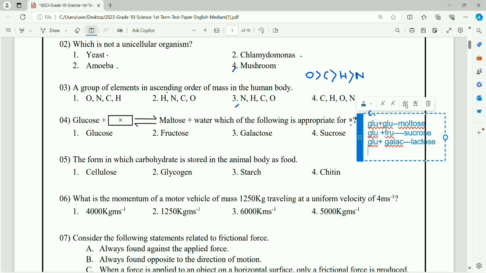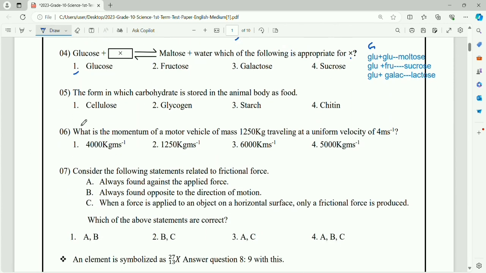So these are the 3 disaccharides, maltose, sucrose and lactose, which can be obtained by combining 2 monosaccharides. Here it is glucose plus glucose, maltose. This is the answer. Let's move to question number 5.